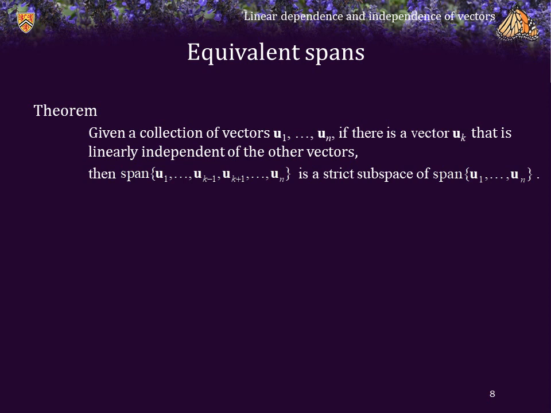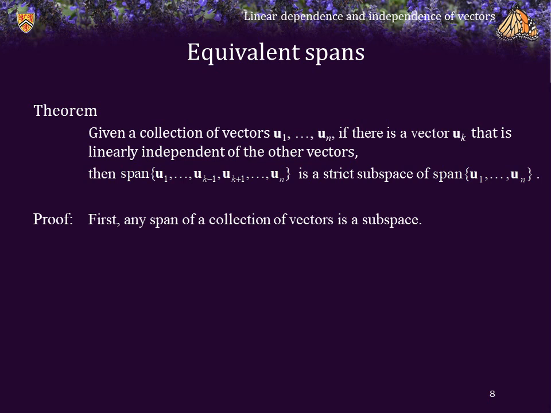You will recall that a strict subspace is a subspace that is not equal to it. So, therefore, the span of all vectors not including u sub k must be a smaller subspace that is inside of the span of all n vectors.